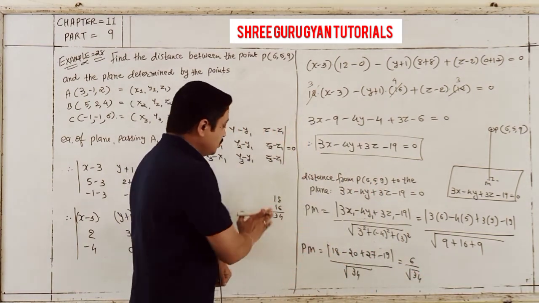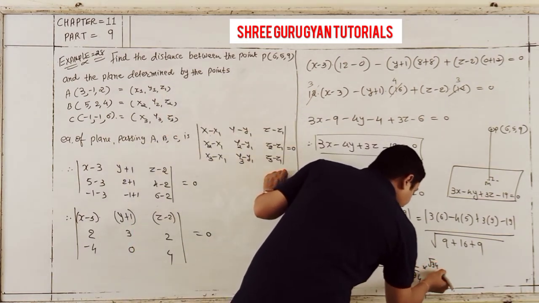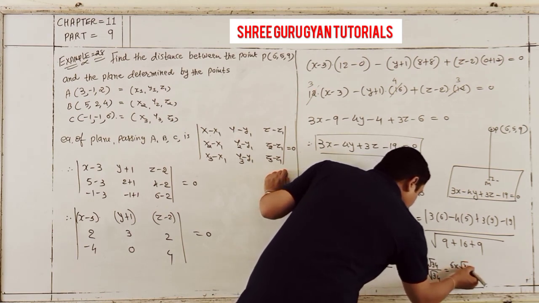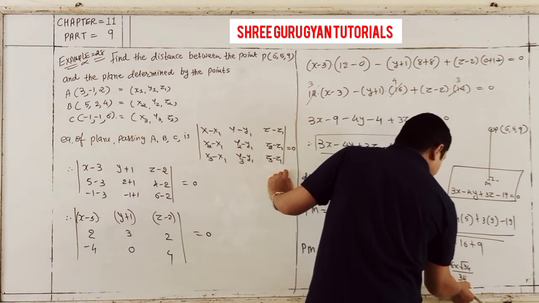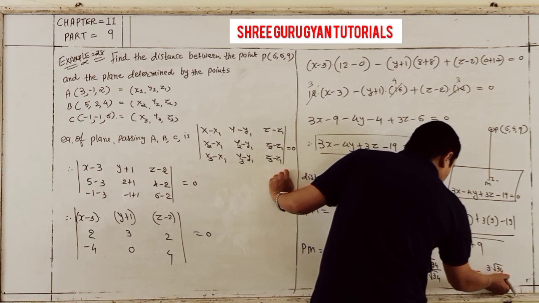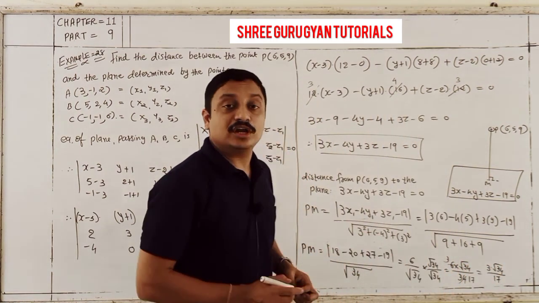This is true, but in your textbook it is given rationalized: multiply by root 34 over root 34. It is 6 root 34 by 34, so 6 over 34 is 3 over 17, giving 3 root 34 by 17. That's the textbook answer given: 3 root 34 by 17.